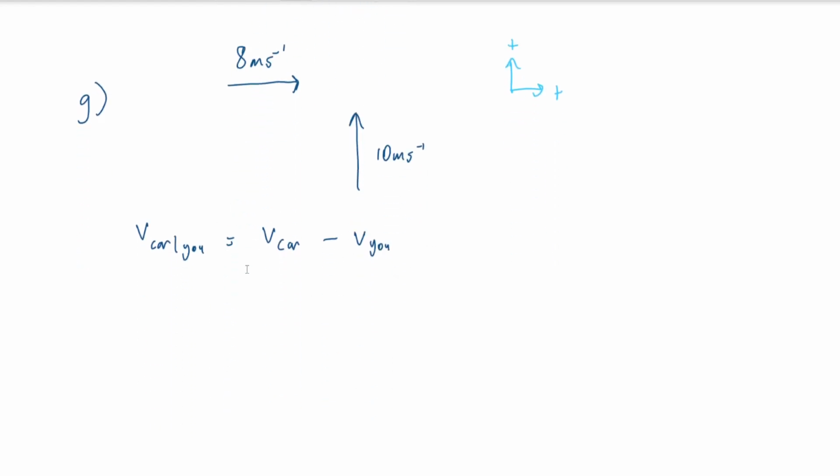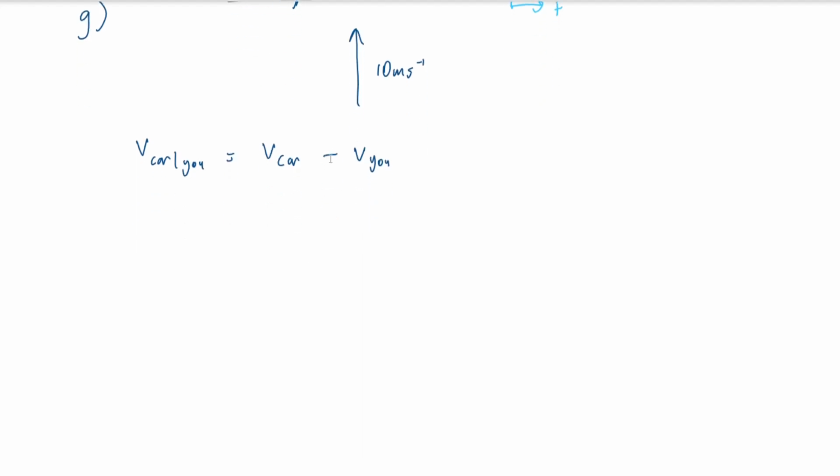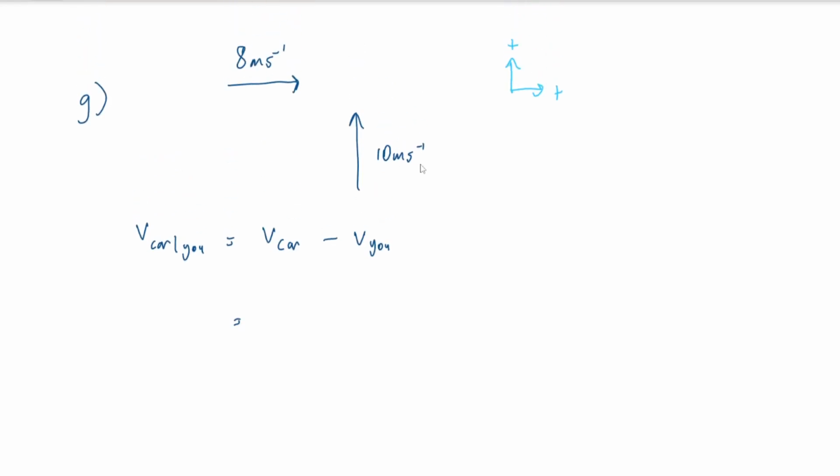So like before, when we were calculating change in velocity, when we subtract a vector, it's the same as adding the vector in the opposite direction. Right, so I'll just draw this out with symbols. So velocity of the car was 10 meters per second upwards, and we're taking away your velocity of 8 meters per second to the right.